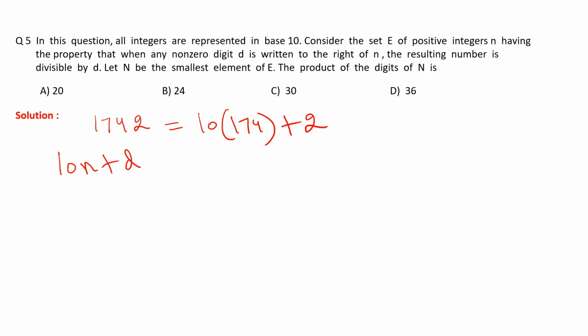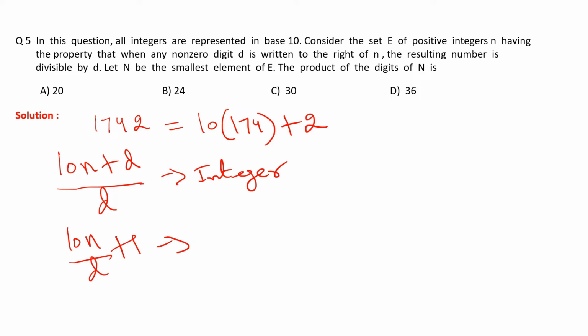And the question says that 10n plus d is divisible by d. That means (10n plus d) upon d is going to be an integer. Right? Or I can say 10n upon d plus 1 is an integer. This means that 10n must be divisible by d.